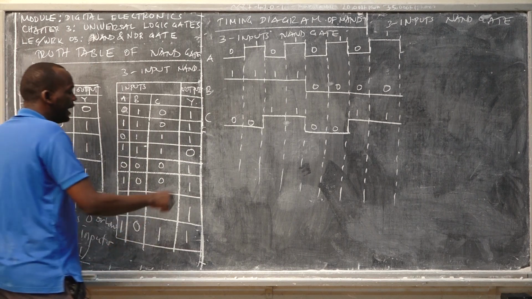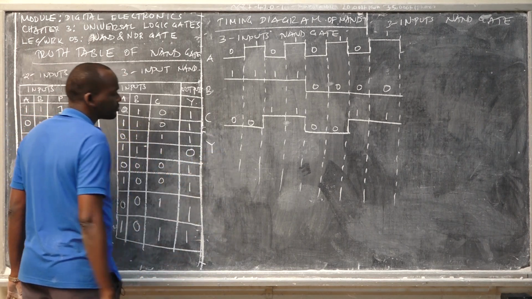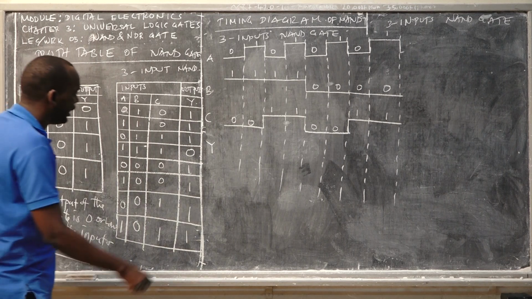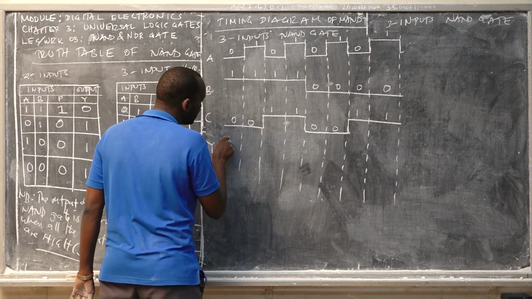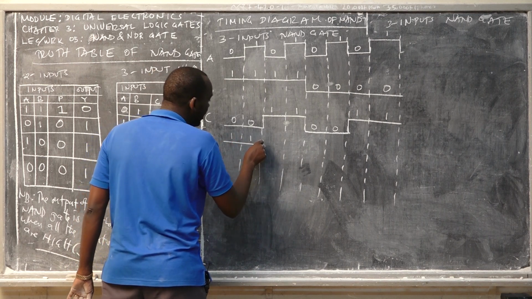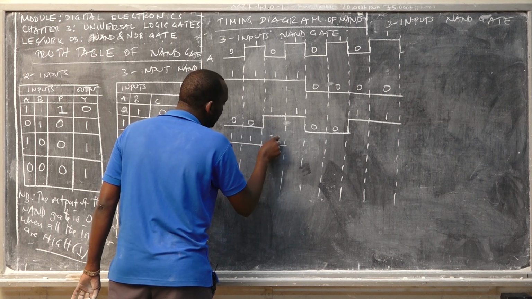Then we have the output graph. So in the output graph, what do we have? The first bit is what? 1. The second bit is what? 1.